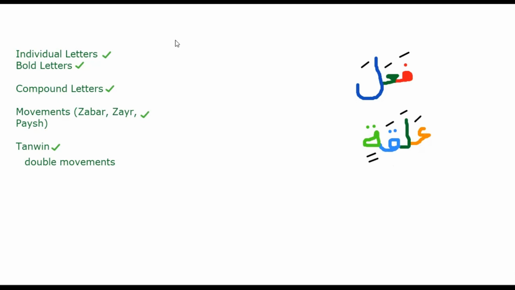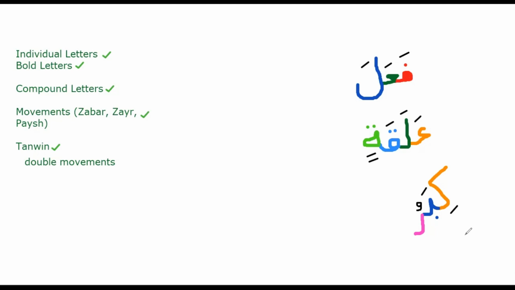Let me write one more word here, then we will start the exercise. The first letter, the orange letter, is kaf, the blue letter is ba, and the pink letter is ra. If I put the signs, kaf has zir, ba has zabar, and ra has pesh. Can you make the word now?